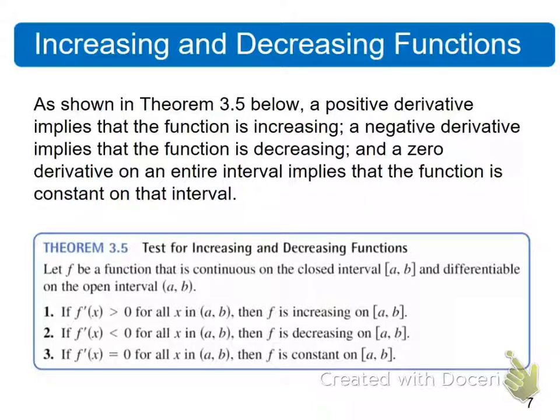If the derivative is positive, the function is increasing. If the derivative is negative, the function is decreasing. And if the derivative is equal to 0, then the original function is a constant. So I'll let you guys write that down.